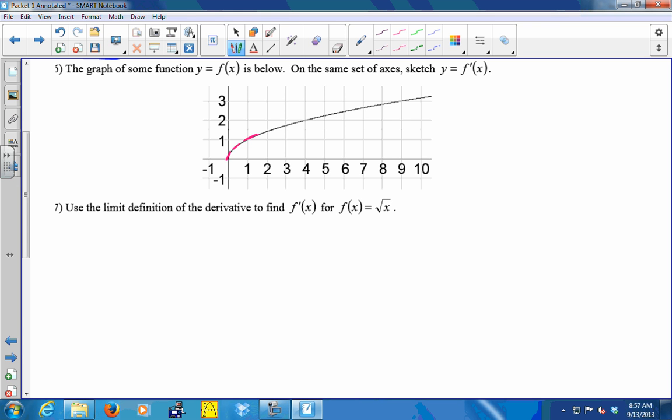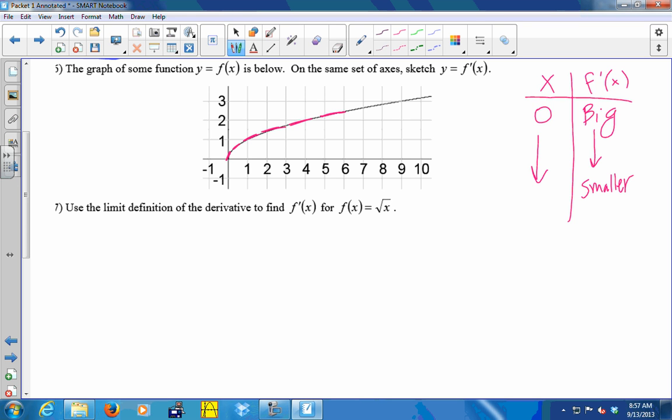So if I made a little table, it's big at 0, very steep. And then as I move away from 0, what's happening to the slopes of the tangent lines? They're decreasing. Yeah, they're getting less and less steep. So as x gets bigger, f prime of x is getting smaller.